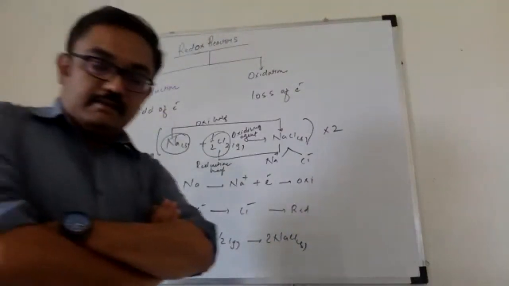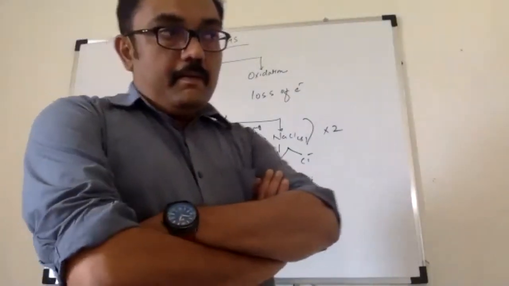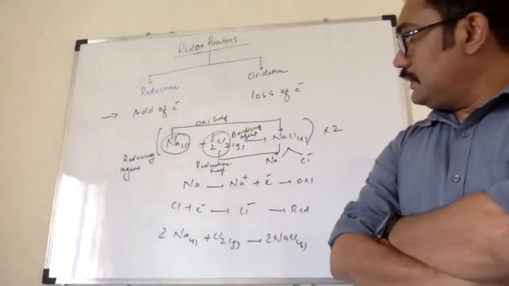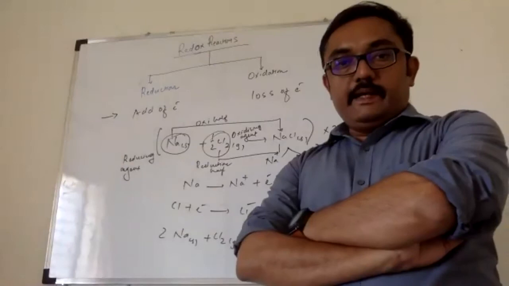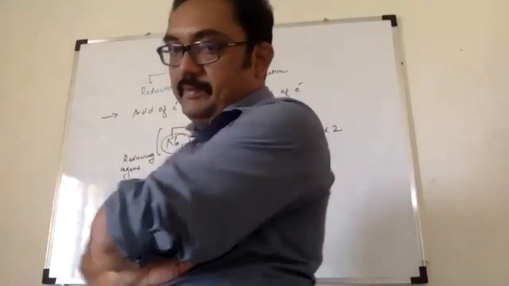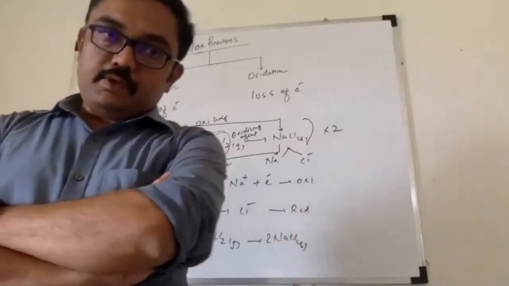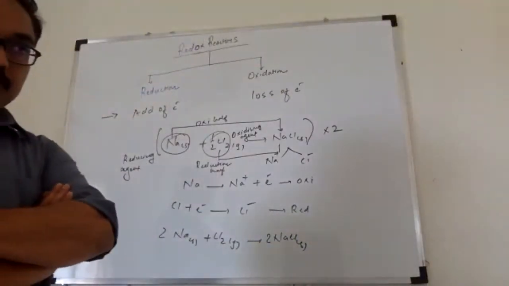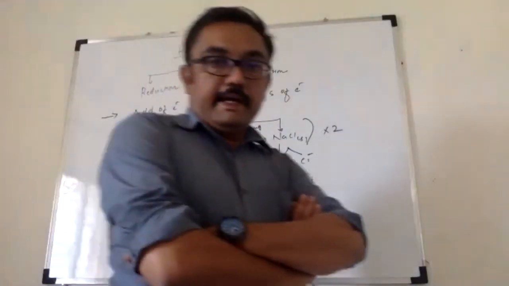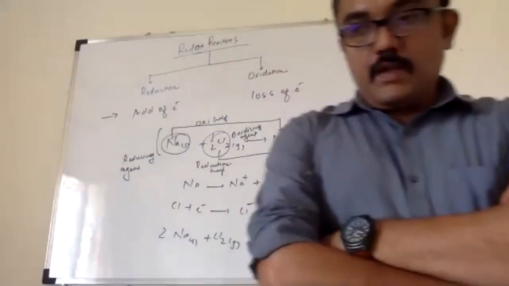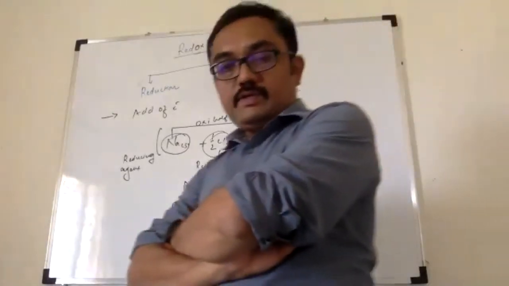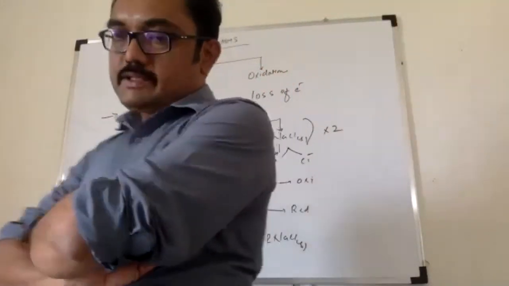The question is: magnesium reacts with chlorine to form magnesium chloride. First, write the chemical equation.